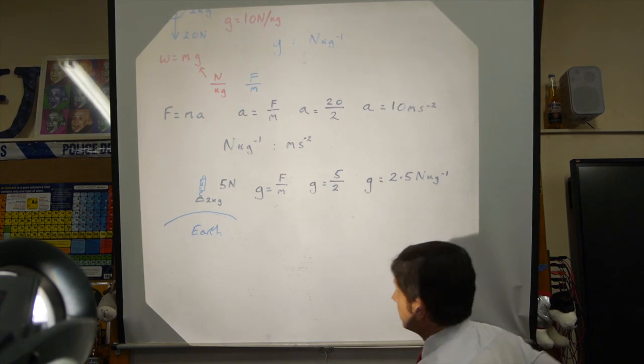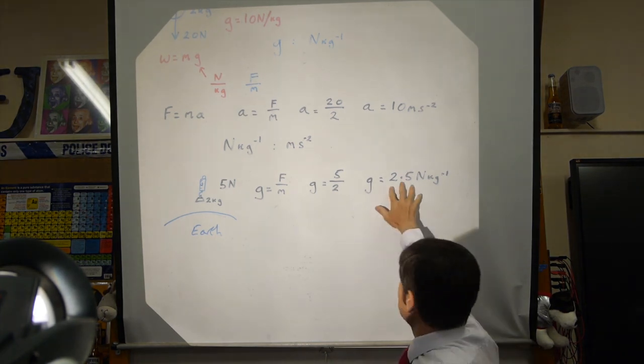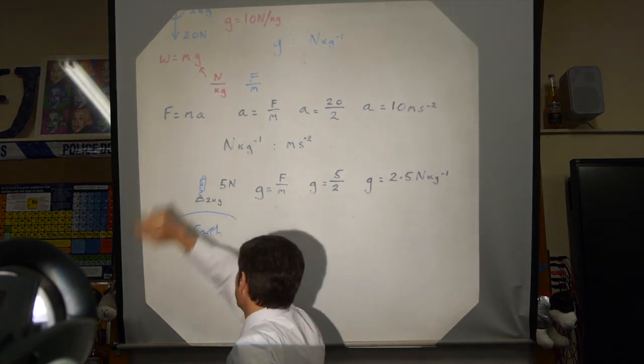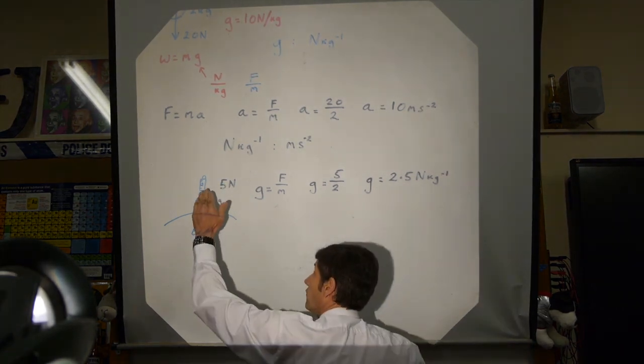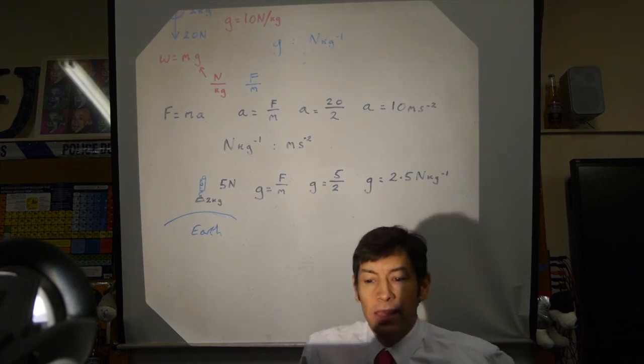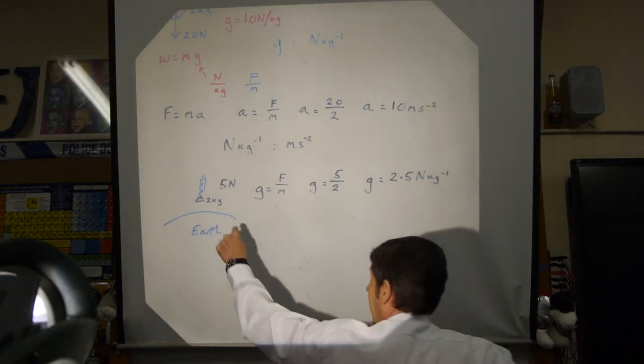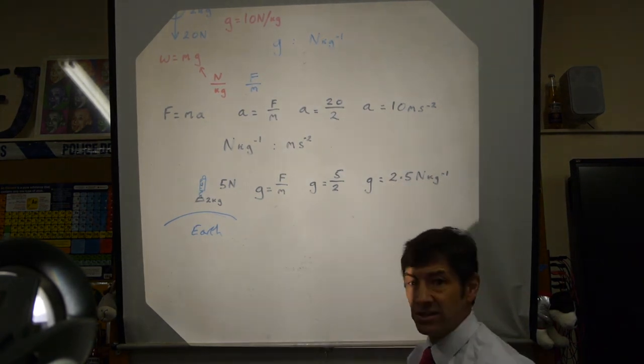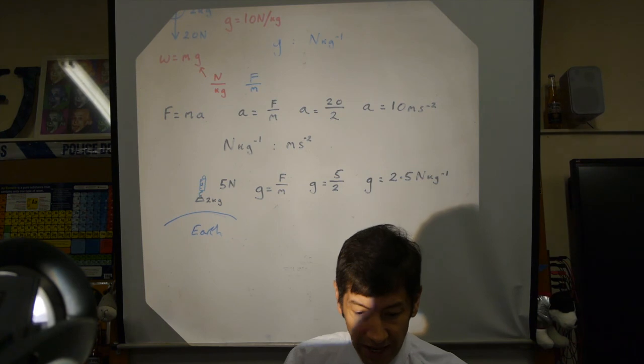Okay? The next important thing to say is, don't you remember that this was acceleration? So if I was to break the spring balance now and let the mass fall, it will fall initially with an acceleration of 2.5 meters per second per second.